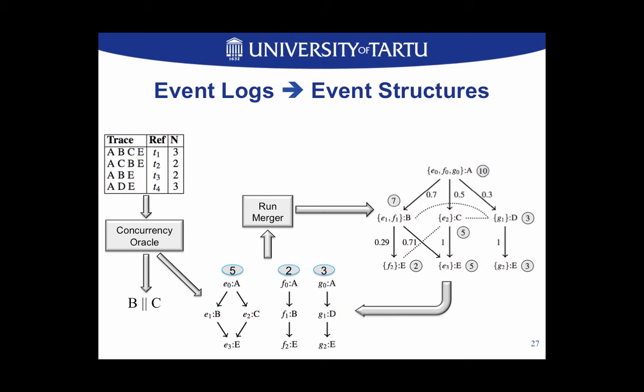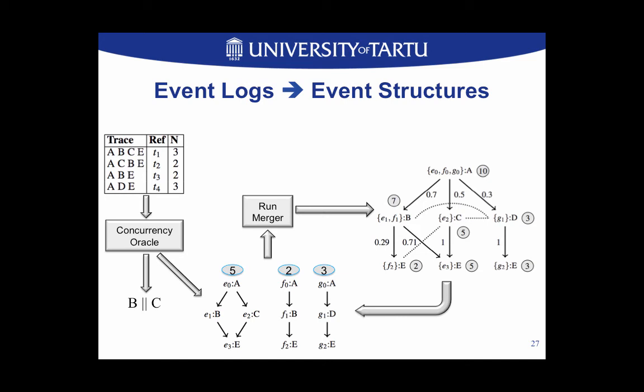So out of this set of runs, I can derive that. I can do better. I know the frequencies of the runs. This run occurs 5 times in the log, this 2 times, this 3 times. I can propagate these frequencies to the nodes in the event structure. And I can then prove that from this event structure, I can generate exactly the set of runs I had initially.